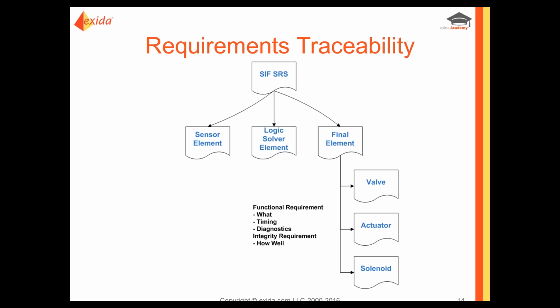That can be decomposed down into what we need from the sensor, the logic solver, and the final element. And as I just mentioned, typically as a minimum in the final element, we're going to have valve, actuator, and solenoid, and sometimes many other things.